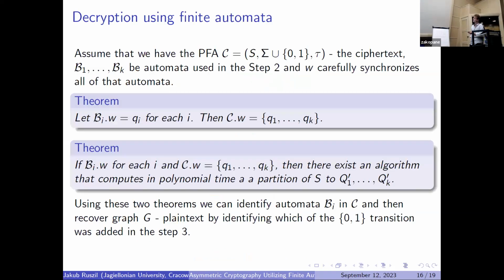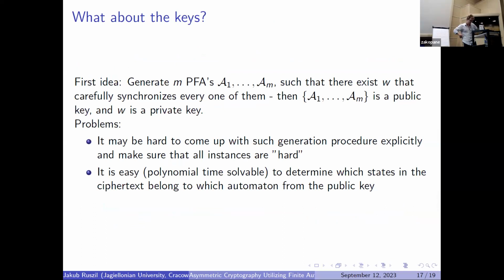And now, what about the keys? The first, most natural idea would be just to generate the PFAs such that there exists a W that carefully synchronizes them all, and then we take that set of automata as a public key and W as a private key. But that is problematic.